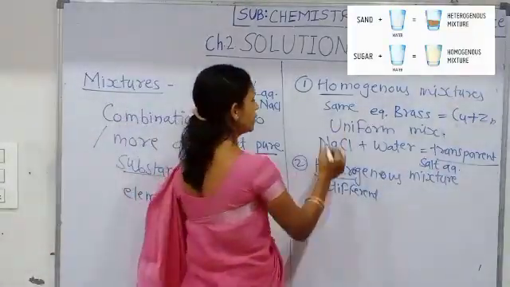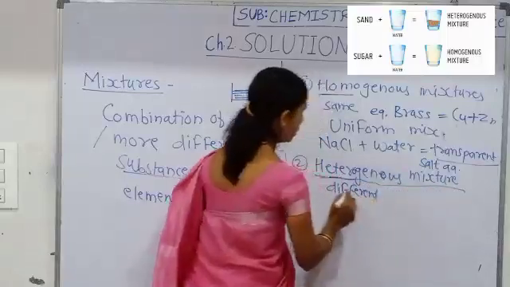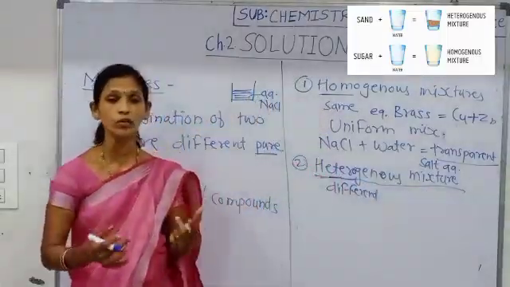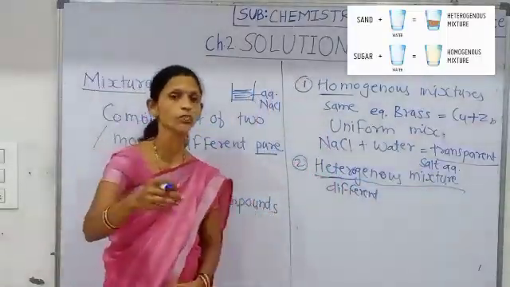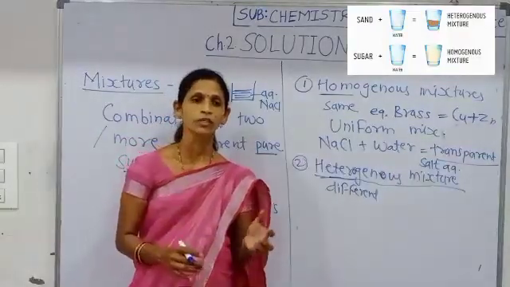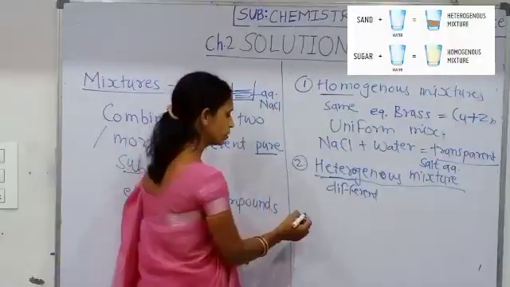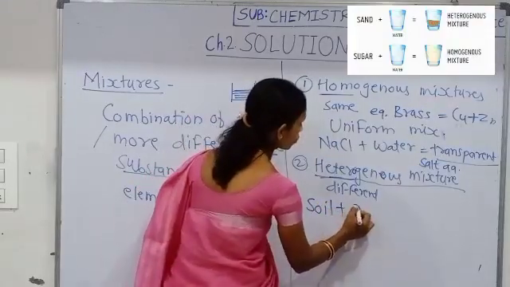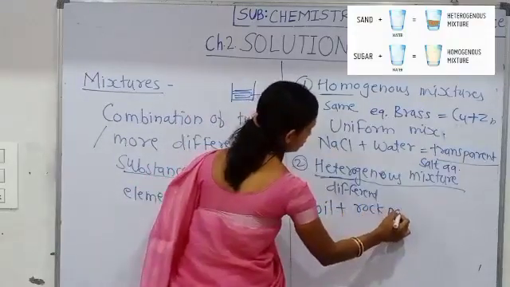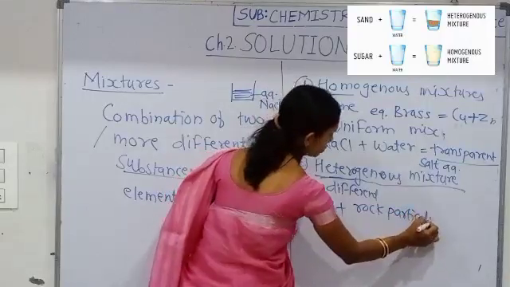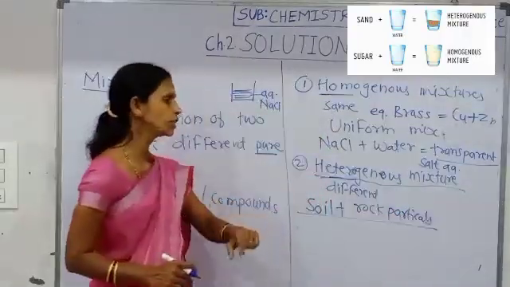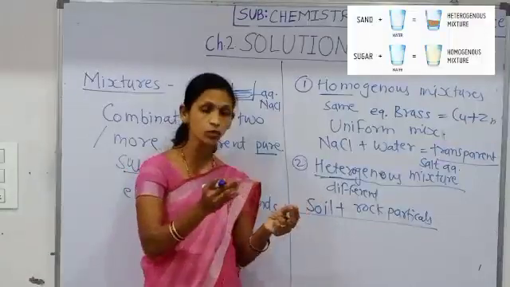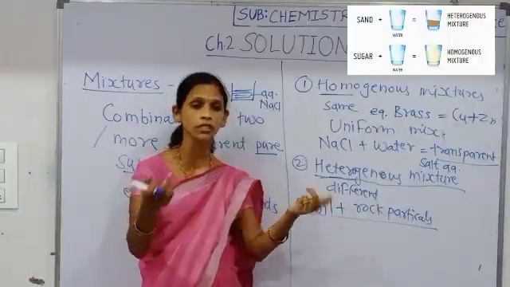Then heterogeneous mixtures are those in which we find different phases present. One example is the soil and rock particles found in nature, in which we can see the different substances present.